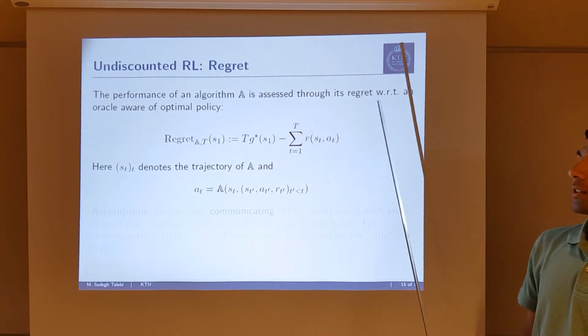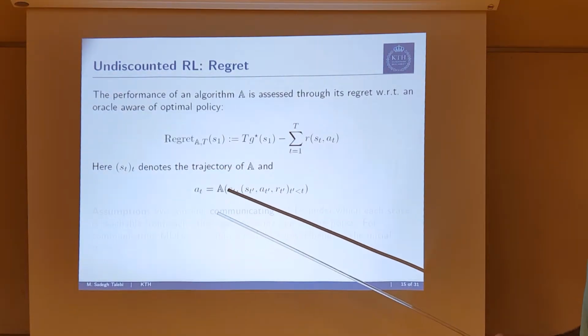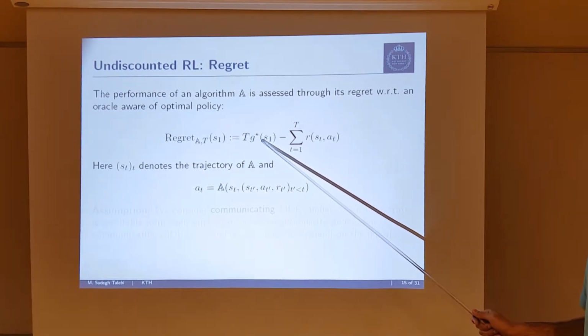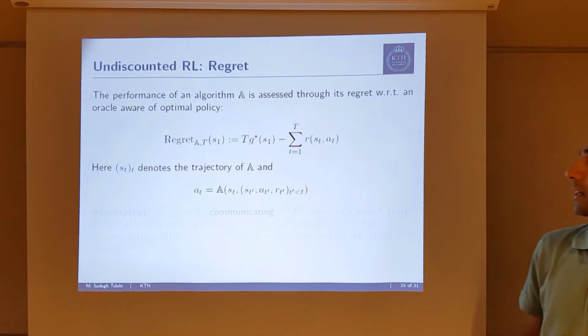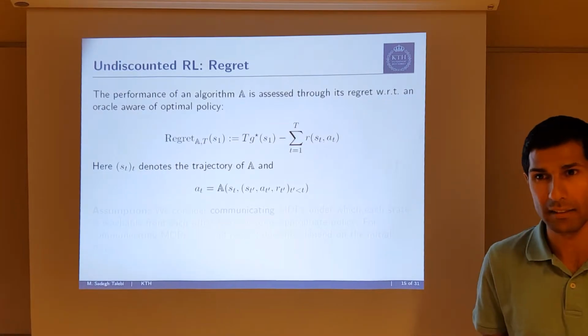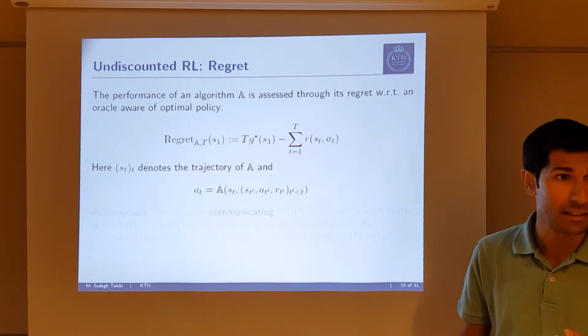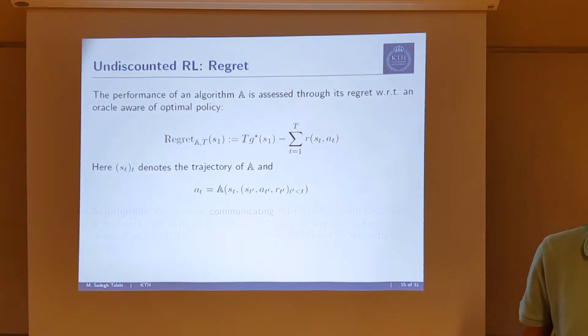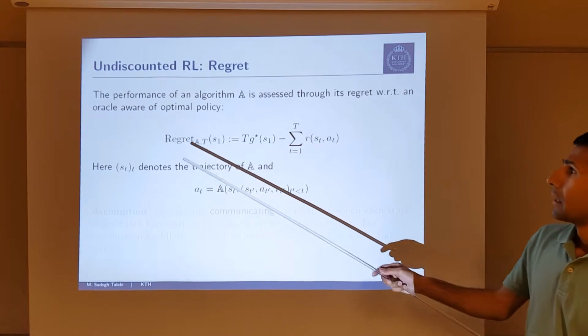Well, the main objective of the decision maker is to identify a policy that has this gain, G star. But to see how good the decision maker is acting towards learning this policy, we have regret.